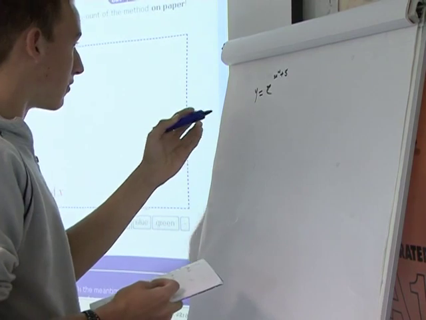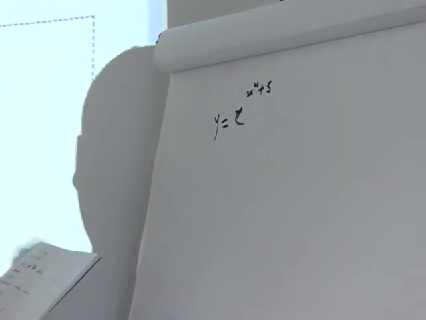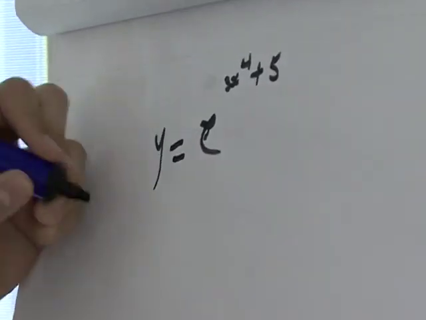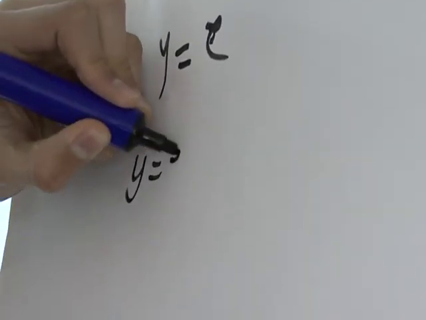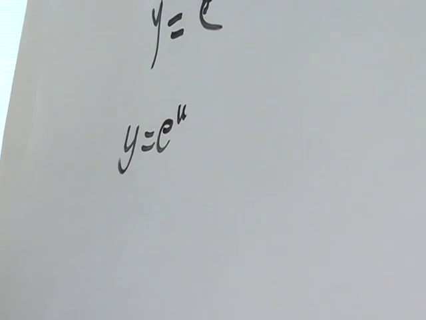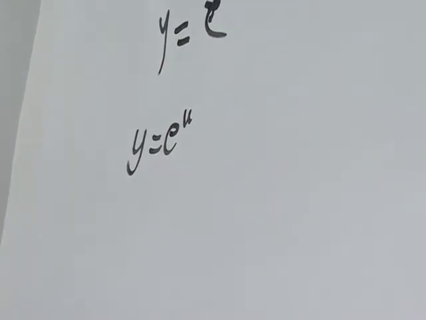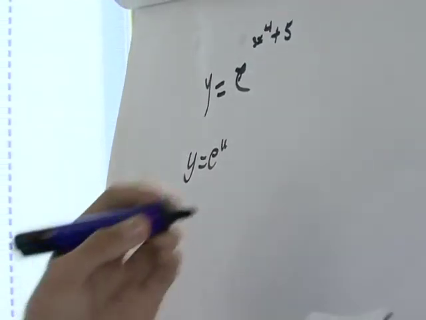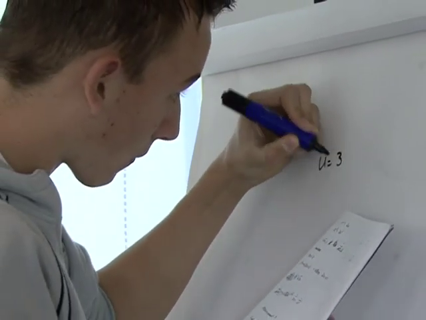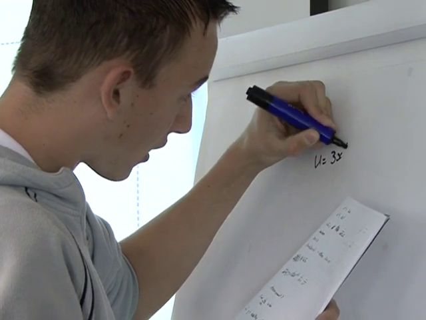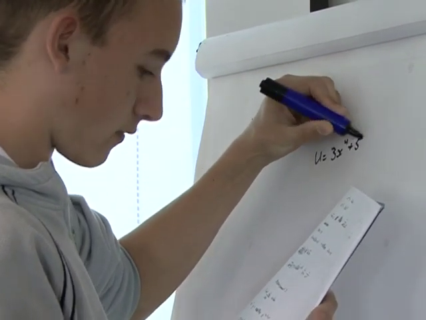I just wrote up the formula, what we've got to solve here. Which made y equals e to the power of u, and u equals 3x to the power of 4 plus 5.